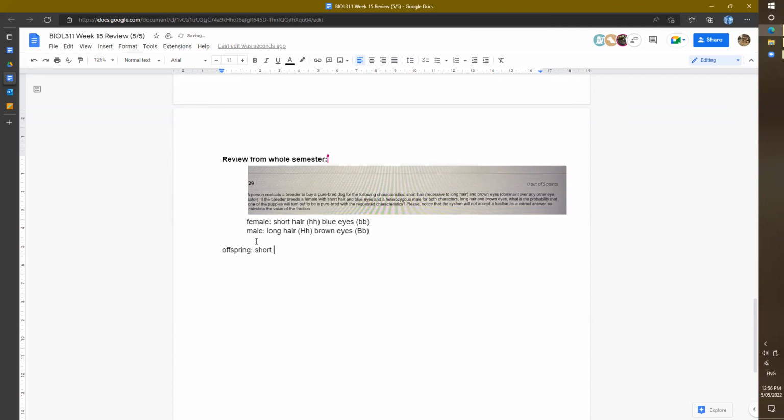Having short hair, which we know has to be homozygous recessive, with brown eyes, which can be any variation that has at least one dominant B allele. So this is what we want from our offspring. And what we are going to do is cross HHBB with HHBB.